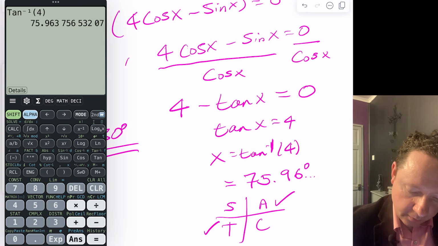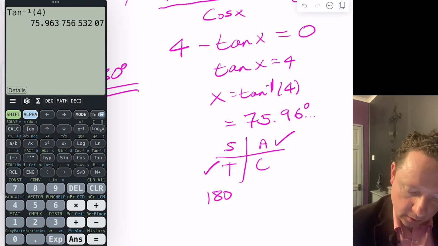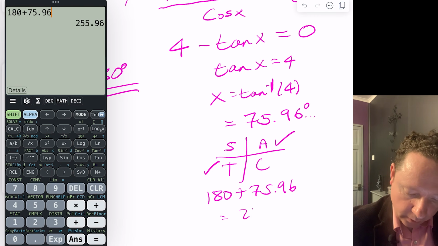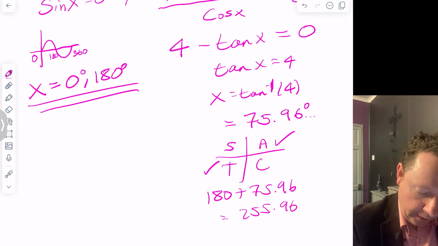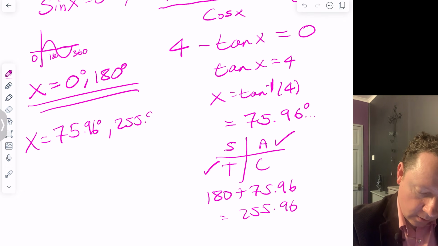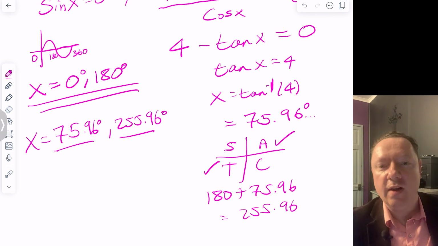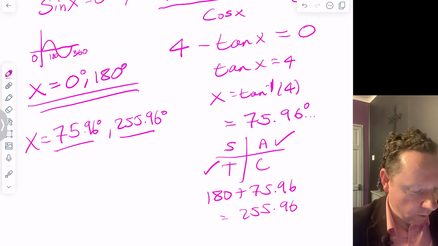We're positive, so I can do 180 plus 75.96, which gives me 255.96. So x equals 0 and 180, and x equals 75.96 and 255.96. Or you might prefer 76 and 256, and that would probably be fine as well.